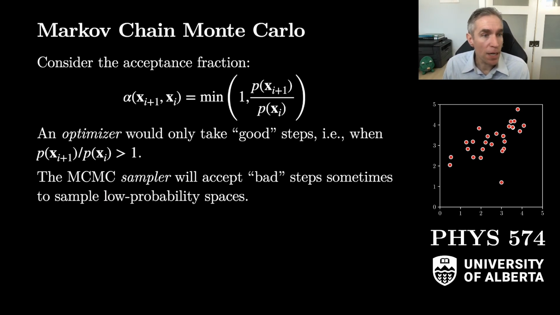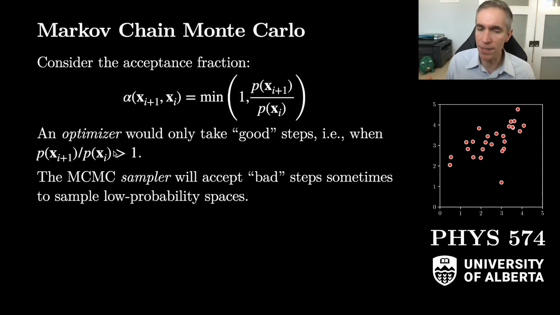The final couple of thoughts here. Let's consider that acceptance fraction, the likelihood of taking a step. And you'll notice that that walker is kind of doing 2 things. First, it is finding the peak of the PDF, and then it's bouncing around inside that mode. The nature of this acceptance fraction is kind of different from an optimizer.